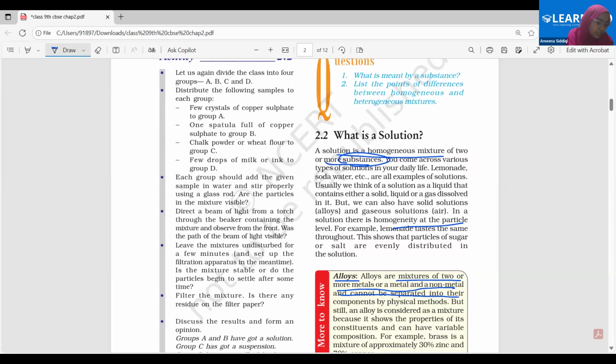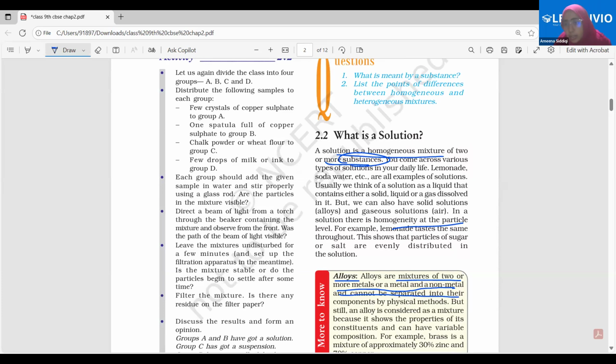We were discussing that pure substances are chemically bonded. Therefore, they cannot be separated by physical methods of separation, right? Whereas mixtures are physically bonded because they have a variable composition, and therefore they could be separated out by physical methods of separation, right? What about the alloys?